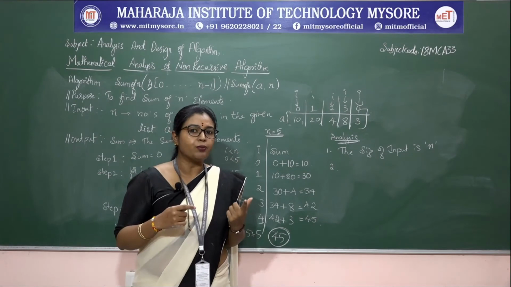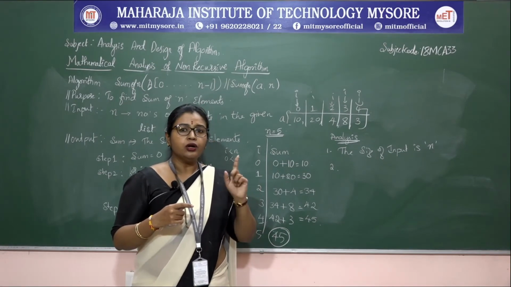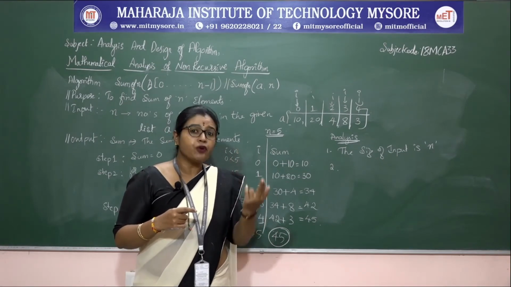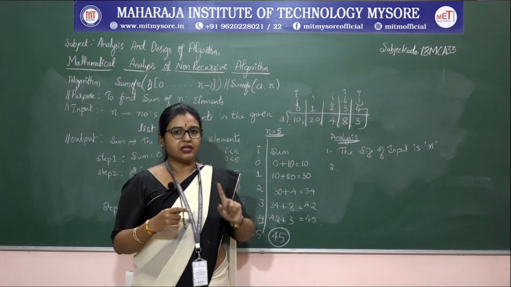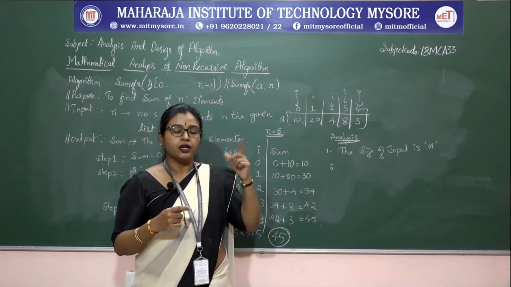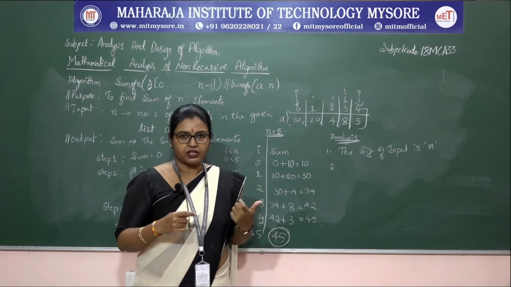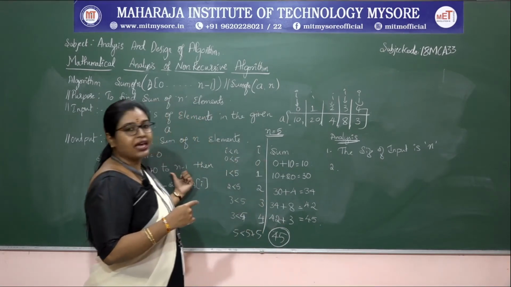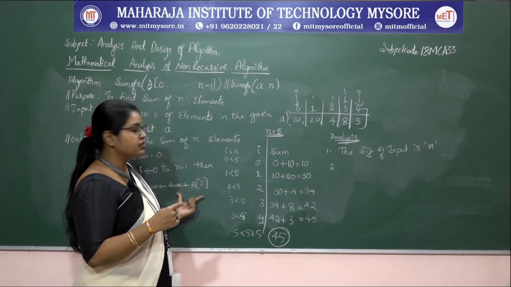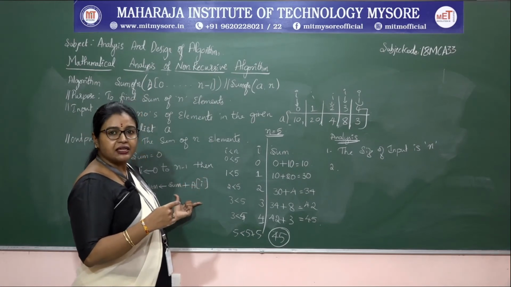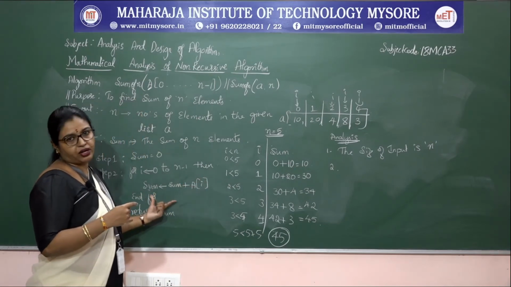Therefore, what is the basic operation here? In order to calculate the sum, we are performing the addition operation. That is called the basic operation here. So consider the basic operation as the addition operation.